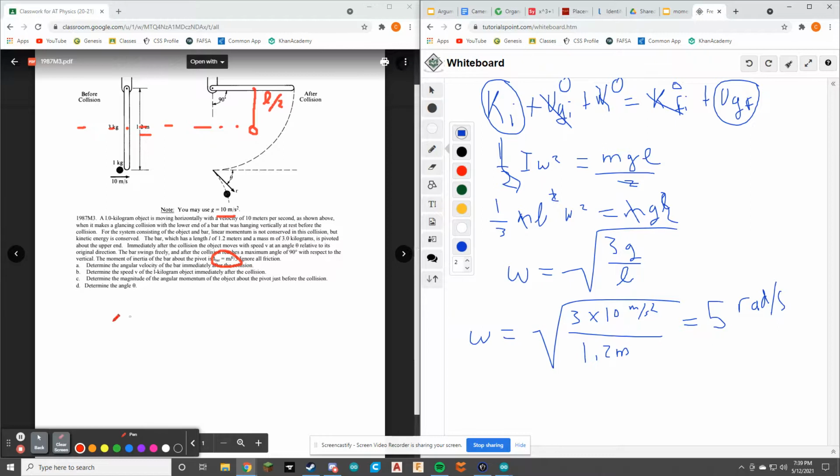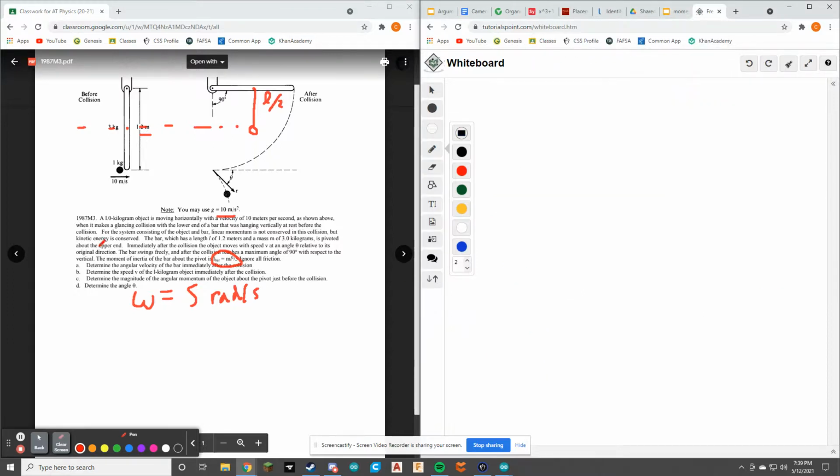Since I'm going to clear the screen, I'll make a note of that answer here. For part B, it says determine the speed of the 1 kilogram object immediately after the collision. In this case, we can use energy. Initial energy before the collision: initial gravitational potential energy plus work equals final kinetic energy plus final gravitational potential energy.